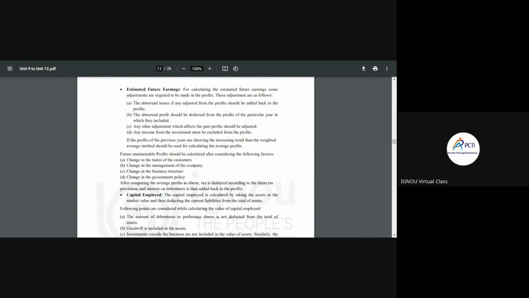Third, any other adjustment which affects the past profit should be adjusted. Next, any income from the investment must be excluded from the profit. If the profits of the previous years are showing an increasing trend, then the weighted average method should be used for calculating the average profit.